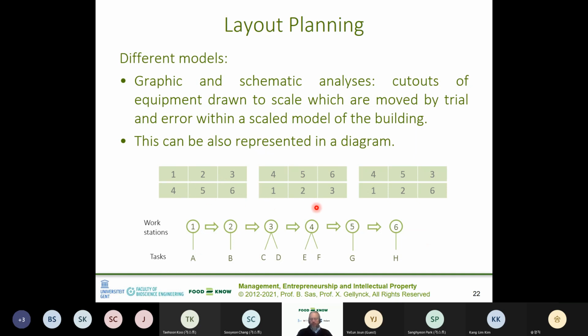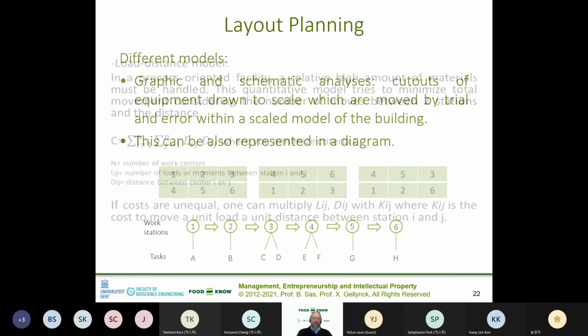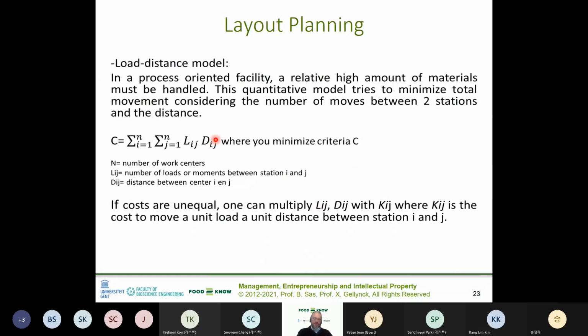You can then do some calculations using mathematics, and one of these formulas is the load distance model, where you look at the number of loads moving between two different stations, how many times, and also the distance between the different stations. So in order to have an optimal design, you have the least distance to cross as few times as possible.